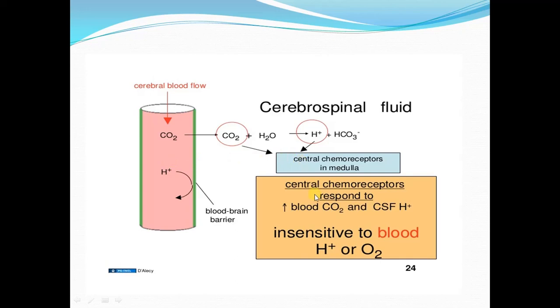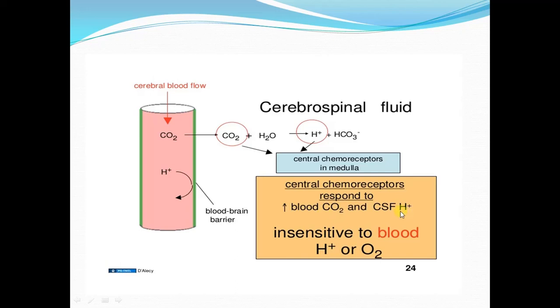So we can conclude that central chemoreceptors are stimulated by an increase in blood carbon dioxide. Whenever there is increased concentration of carbon dioxide in the blood, this is going to stimulate the central chemoreceptors through formation of hydrogen ions.